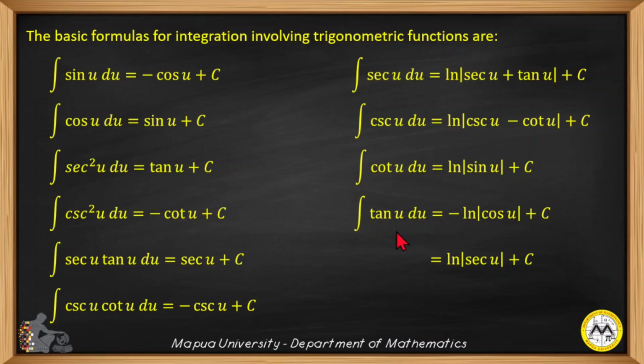And last but not least, the integral of tangent u du is negative the natural log of the absolute value of cosine u plus the constant c, which is also the same as the natural log of the absolute value of secant u plus the constant c.